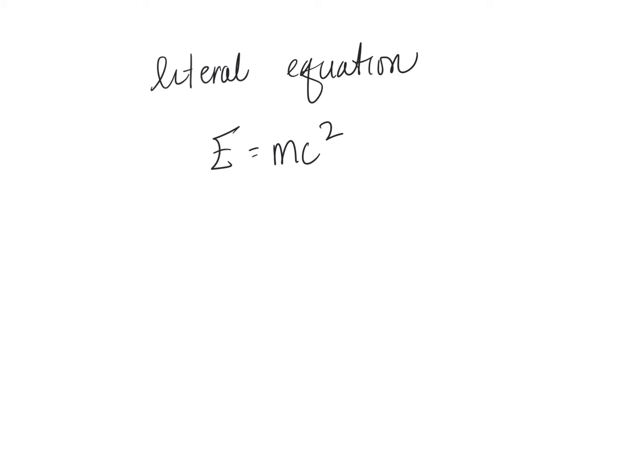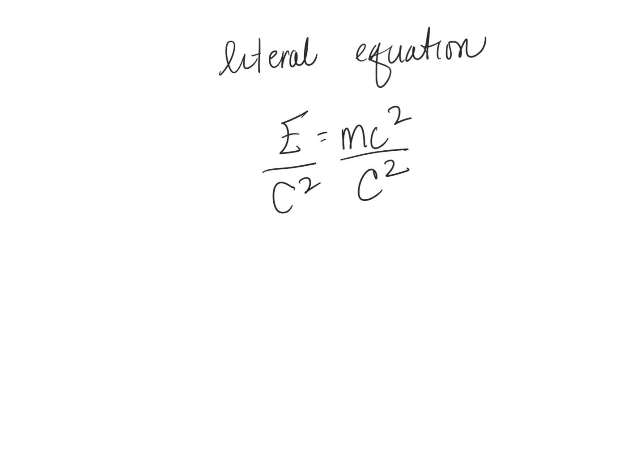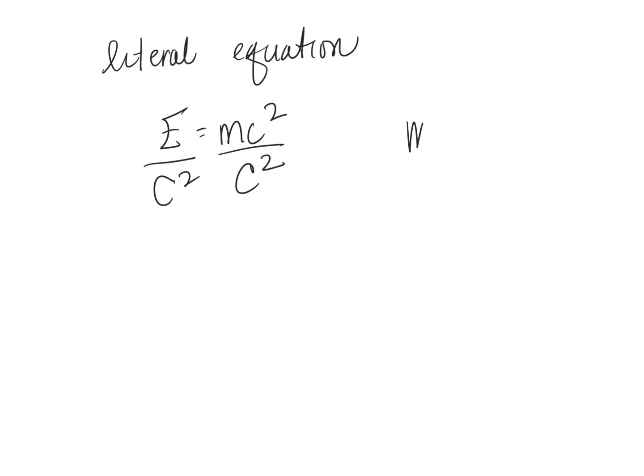There's also something called literal equations that we do. That's if you have something like E equals mc squared, but you want to solve for m, you divide both sides by c squared. So you'd have mass equals E over c squared. So it's just moving things away.